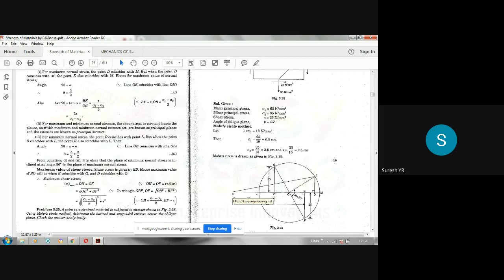Then AB will be 4 centimeters. AC will be to the left because it is compression, negative. AC will be 3 centimeters, because 60 Newton per mm square as per the scale is 3 centimeters. Sigma x is plus 4 centimeters, sigma y is minus 3 centimeters. So that is the first step.